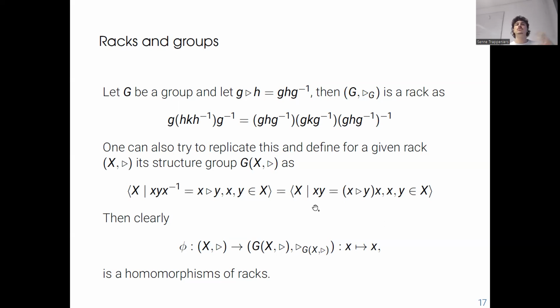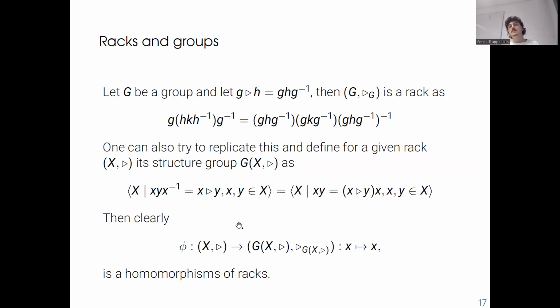Recall that the solution of the Yang-Baxter equation associated to a rack said that the couple (x,y) is being sent to (x triangle y, x). So this is showing up in the definition. And in this case, because we defined it right here, the canonical map going from X to the rack associated to the structure group is a homomorphism of racks.